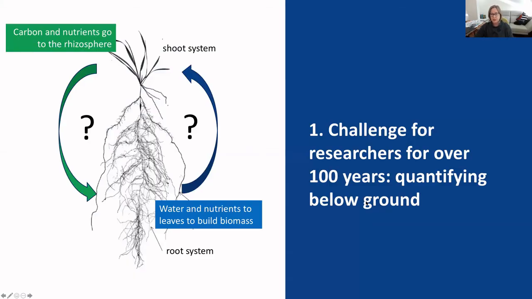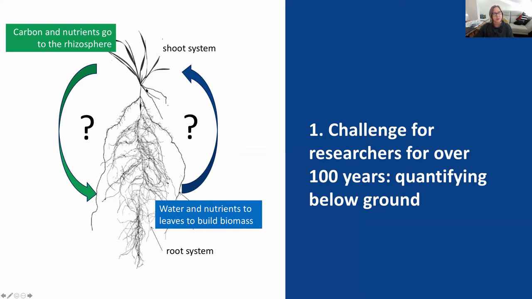So this first point, the challenge for researchers for over 100 years has been quantifying these below ground allocations of biomass from the shoots of plants, and in turn, the return of water and nutrients up to leaves from that root biomass. And this is a grass plant.